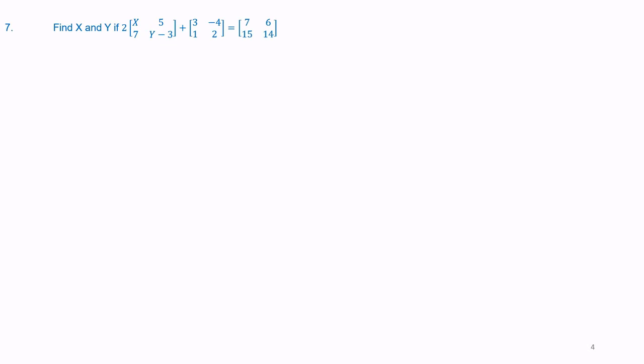So, we have to solve for x and y in the 3 matrices. That is the equation given in terms of 3 matrices.